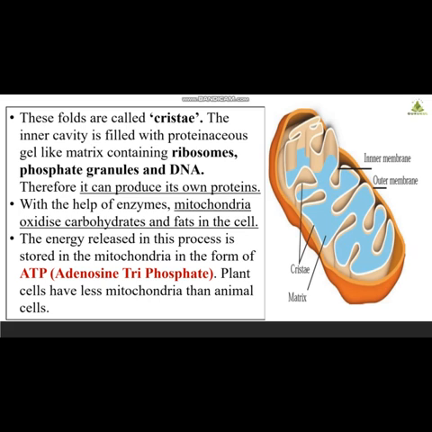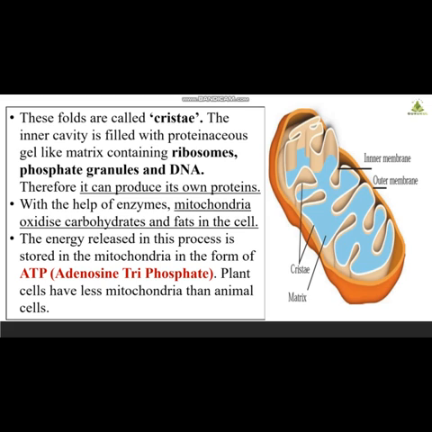Students, let me share a small piece of information. In detail, you are going to learn this in standard 9th and 10th: protein production, or protein formation. For protein synthesis, students, we require certain materials, certain organelles. Which ones? Ribosomes, phosphate granules and DNA.